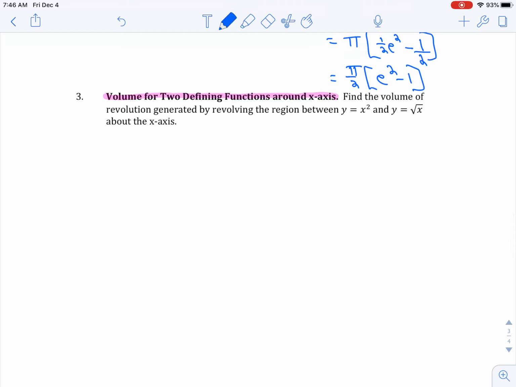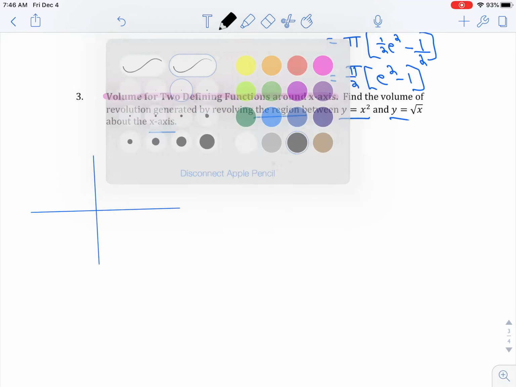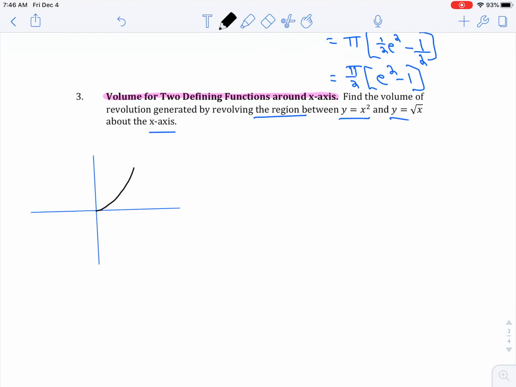So this one says that we're going to take a region that's between y equals x squared and y equals the square root of x and rotate it around the x-axis. So if we look at the graph of this, here is our graph of x squared. So here's y equals x squared.